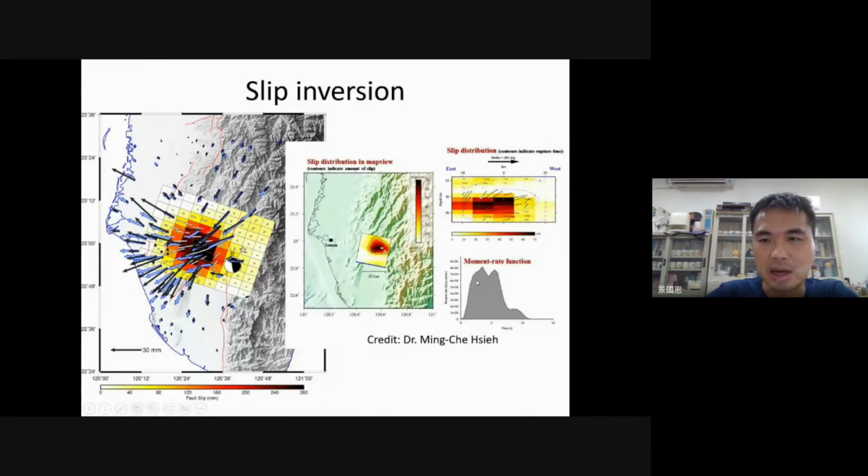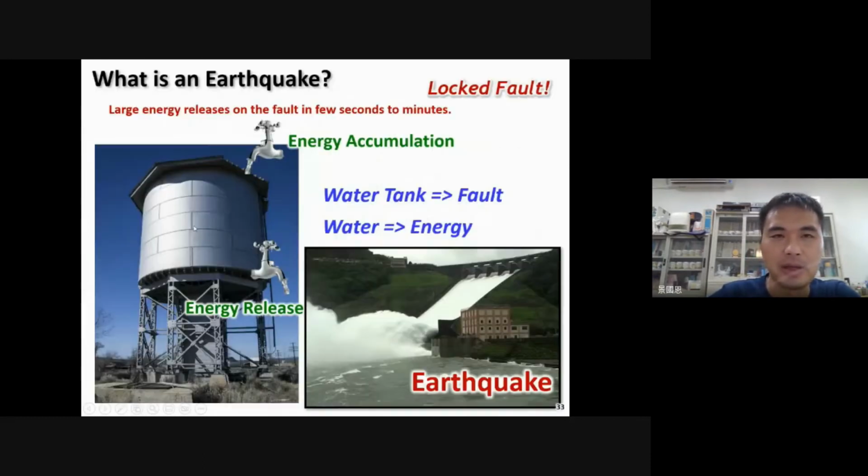Of course, as I said, we can calculate the energy release. Based on other methods, we can even calculate the time-variant energy released on the fault plane. So this is what we learn from the earthquake.